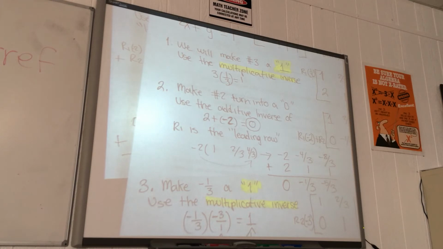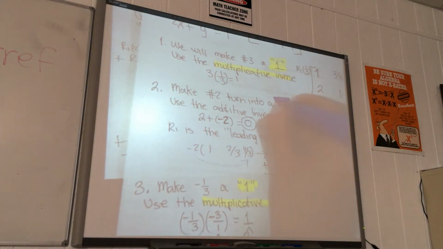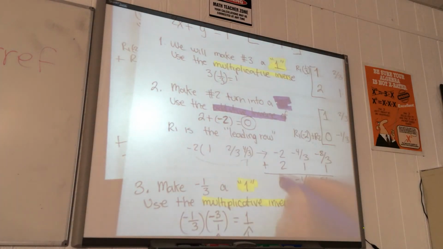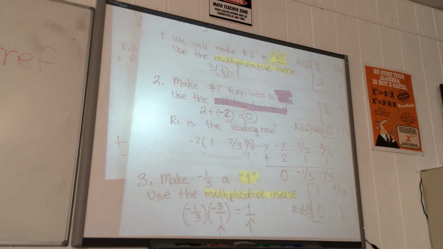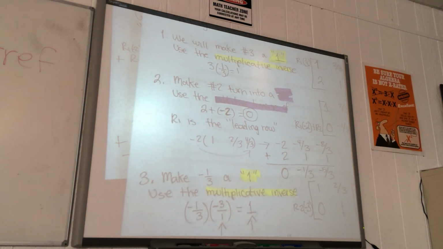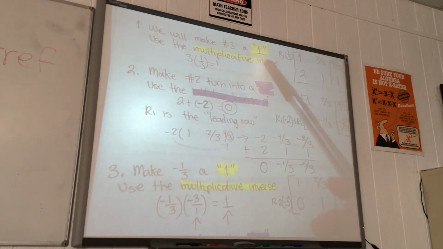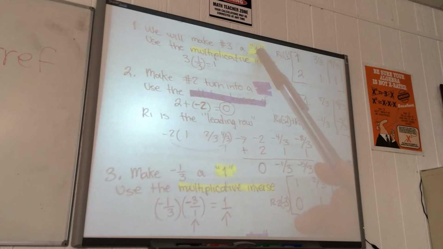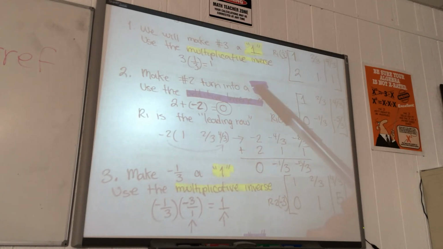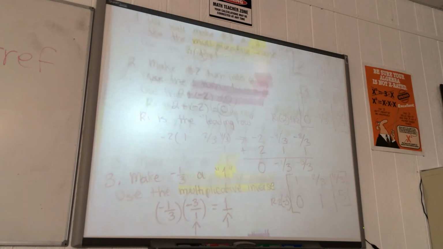And then every time you want to make a 0, you will use the additive inverse. Always, always. And I can tell you that because 1 is actually the multiplicative identity, and 0 is the additive identity.